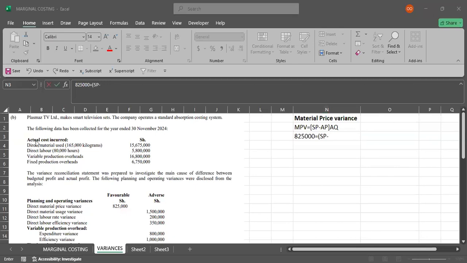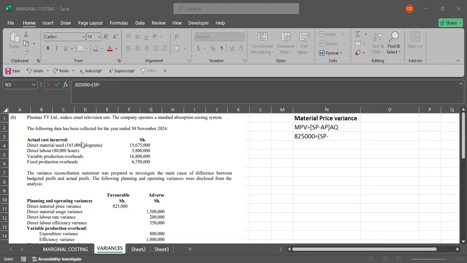If you look at our actual cost in CAT, we already have actual quantity and actual material cost. So what do we need? Actual price. How do we get actual price? Using this data here.